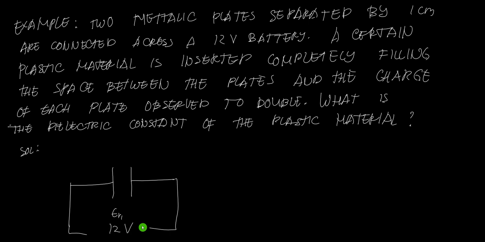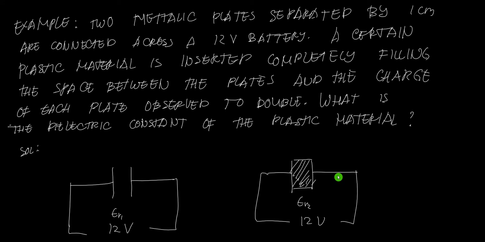Now we insert a plastic between these plates. So we have a new dielectric here. This is now the plastic, epsilon R2. But still, this is connected to the same source, which is 12 volts.